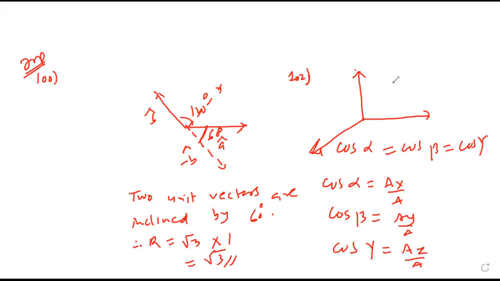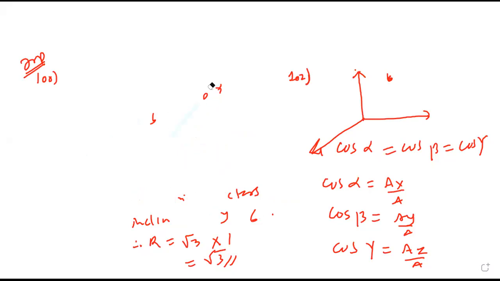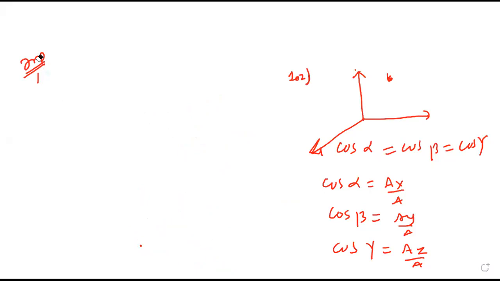If I square and add all, alpha, beta, gamma are all the same. I'm just squaring and adding because you are interested in the component, that is Ax. All components will be the same because the angle is the same.